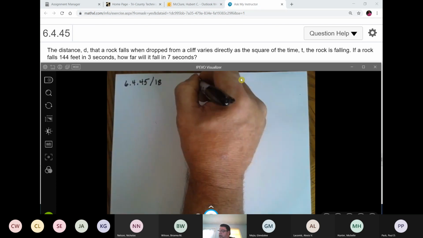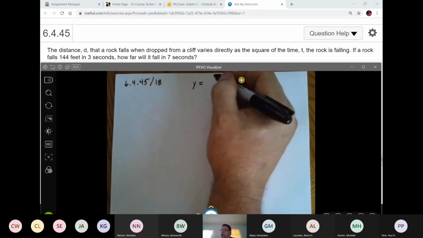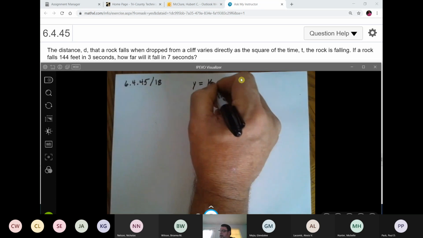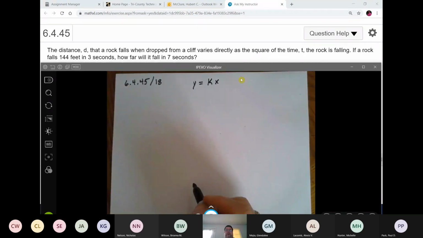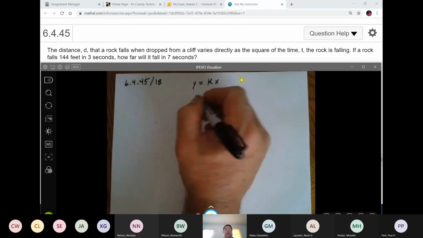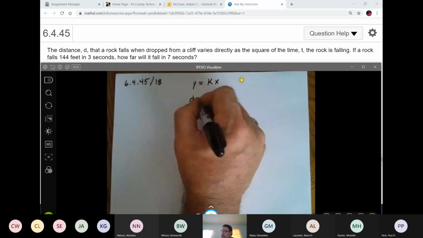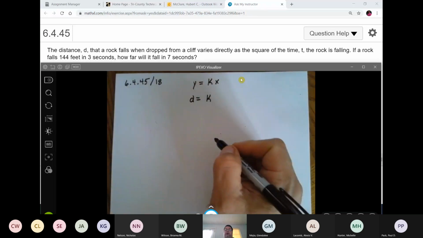Y varies directly as what? K times X. So there is our equation, and that comes from the word directly. Now I'm going to change Y into D. D equals K times what?